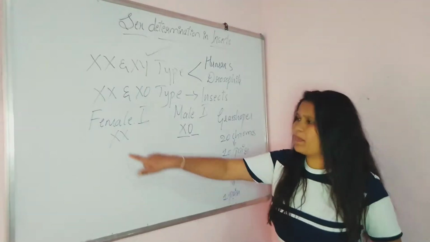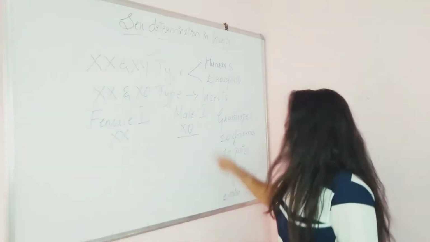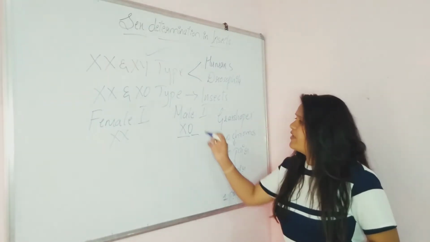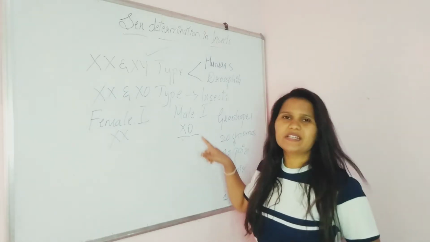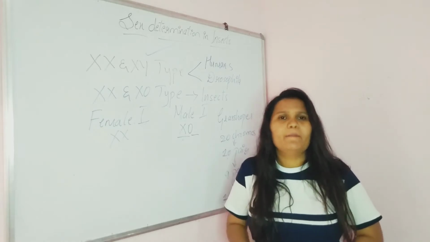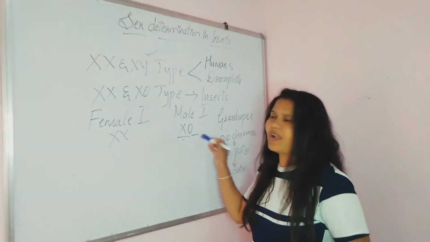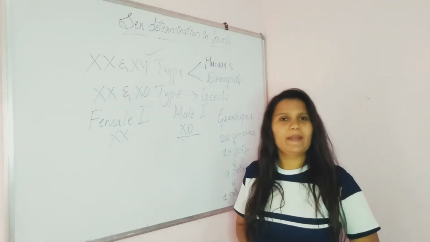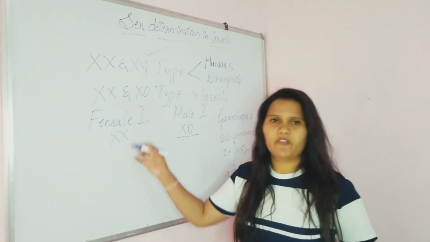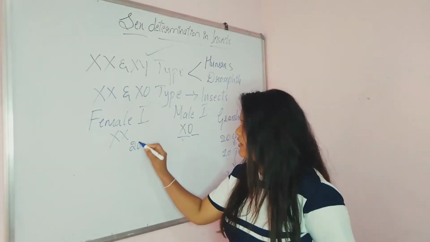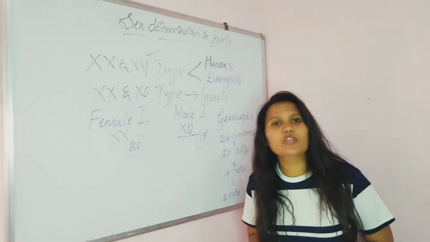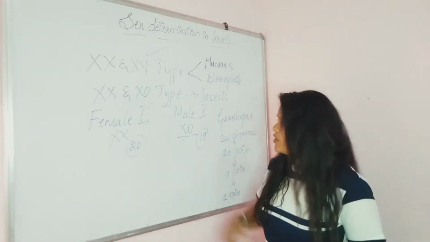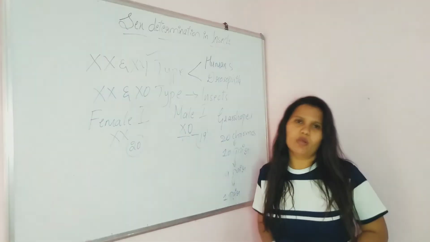That pair is XX in the female, but the male has a single chromosome X, meaning it won't have any pair. So it is called the X0 chromosome in the male. The female has 20 chromosomes and the male has 19 chromosomes. Is this clear?